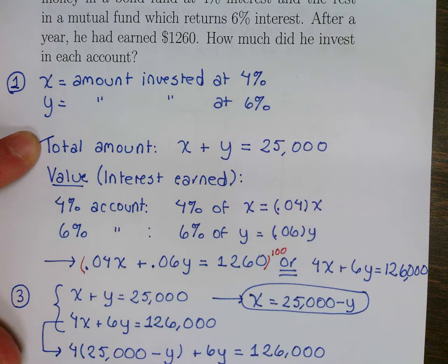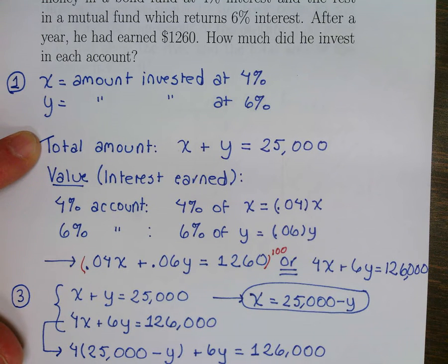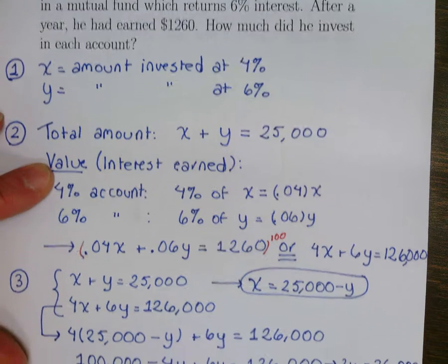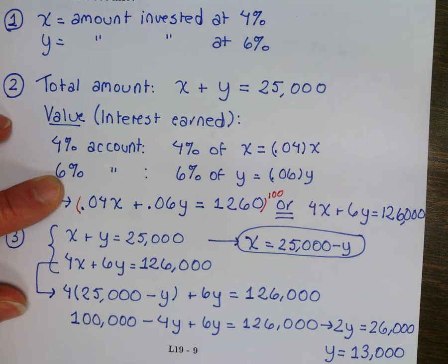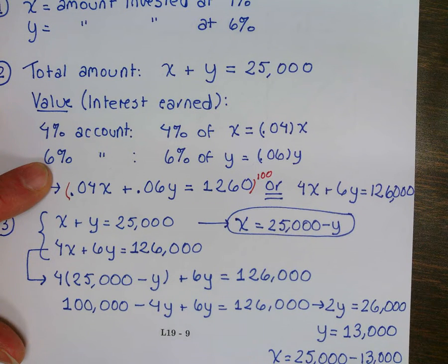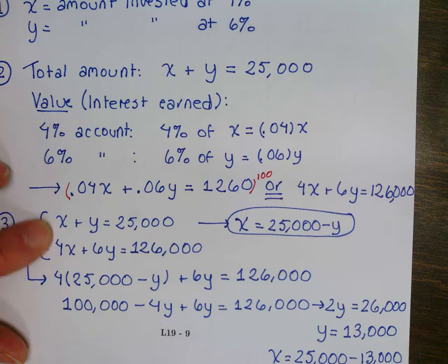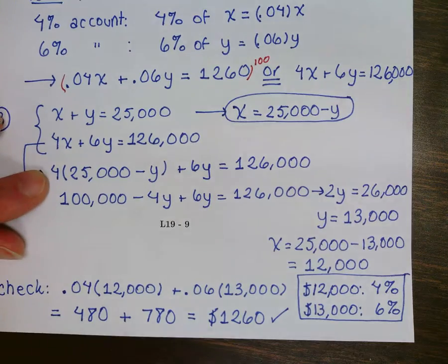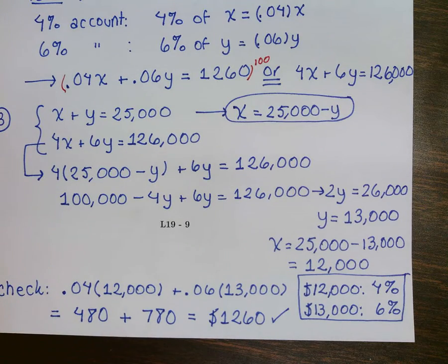One was the total amount invested, which is 25,000. That's a simple addition. And then the value is where we multiply to get the interest earned in that year, which was 1260. Got our system, solved it, and checked, and sure enough it worked. Okay.